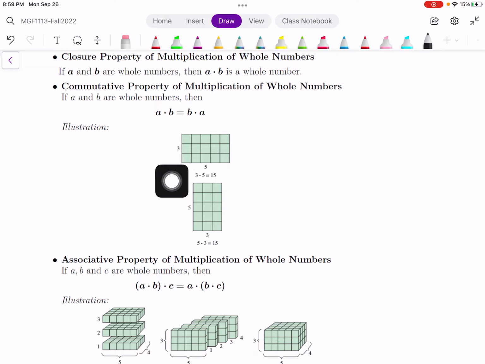Whether I calculate the area of a rectangle 5 by 3, or 3 by 5, meaning the bottom dimension is 3 and the height is 5, is the same as if the height is 3 and the length is 5. Both of those rectangles have area 15, right? So this shows that 5 times 3 is the same as 3 times 5.